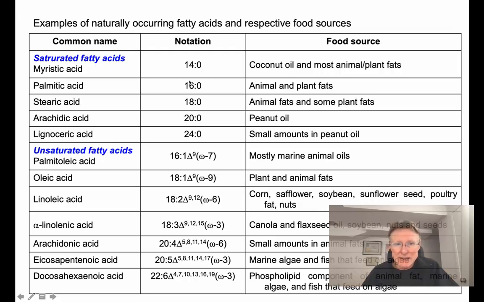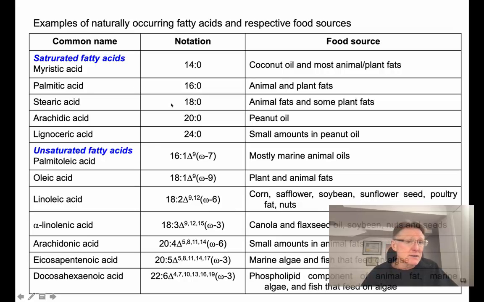Same thing for palmitic acid, 16:0, and stearic, 18:0, 20:0, 24:0. These just show that you have fatty acids with different carbon chain lengths, but without any double bond. So they are all saturated fatty acids, and they are found in animal and plant foods. When we eat foods, we get a different combination of these saturated fatty acids.